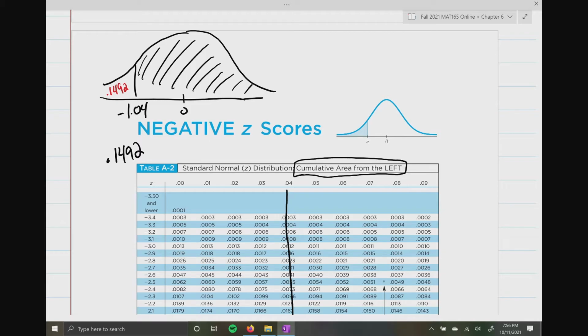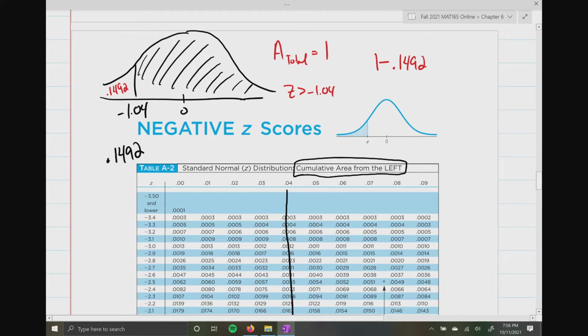We know the total area under the curve, so area total is equal to 1. If you know the left-hand side, actually, let me write it like this. So z is greater than negative 1.04. All we need to do is take 1 minus 0.1492. And that's going to give me the area that I have shaded in black.